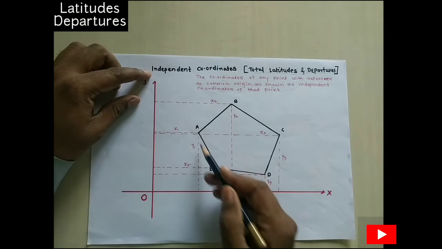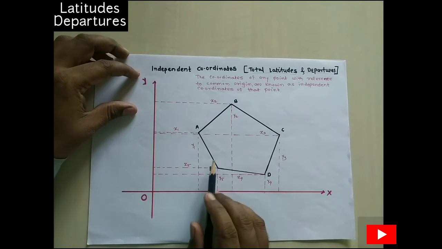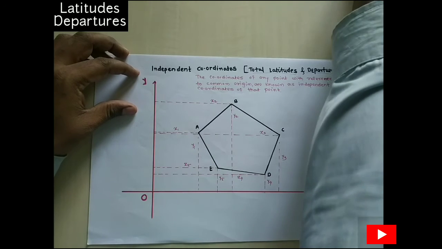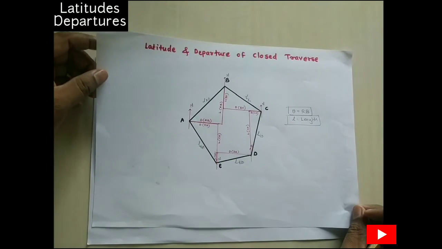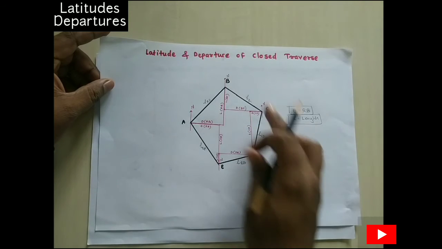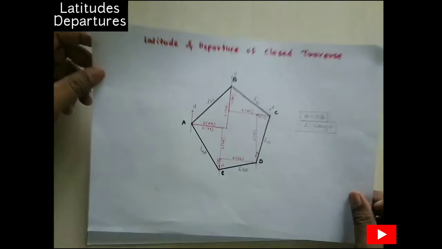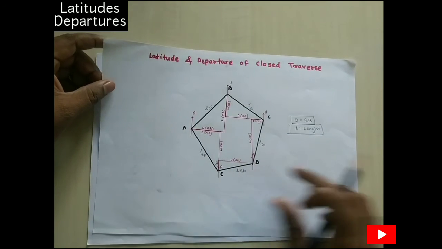Here this is a closed traverse for reference. With the help of this closed traverse we can directly determine the latitudes and departures, and with the help of these latitudes and departures we again convert them into independent coordinates.